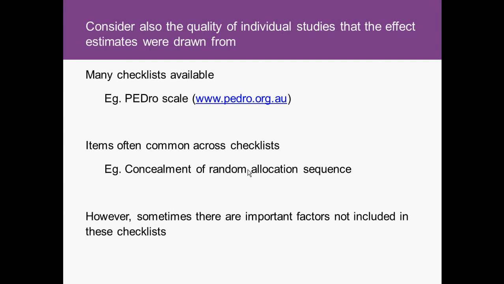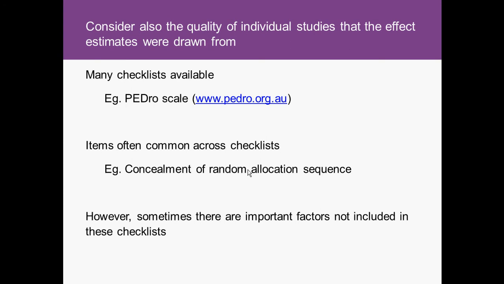Another factor that you should consider is the quality of the individual studies that the effect estimates were drawn from. There are many checklists available that identify factors that indicate a risk of bias in the results of a study that has been presented. The PEDro scale is one such checklist.